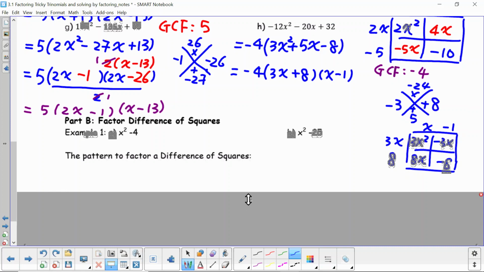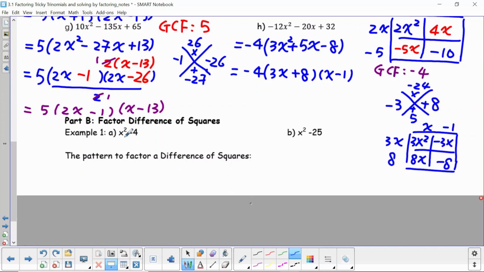Okay, any questions? If no, we are going to do the next one. So this one, x squared minus 4, we could think is x squared plus 0x minus 4. Then you have 3 terms again, x again. Times together negative 4, add together 0. So if we have sum is 0, then we need to have the two numbers same but different sign.